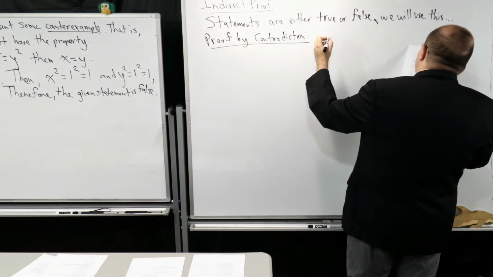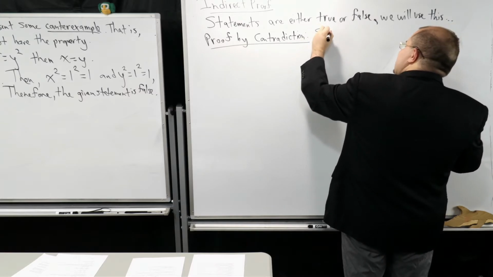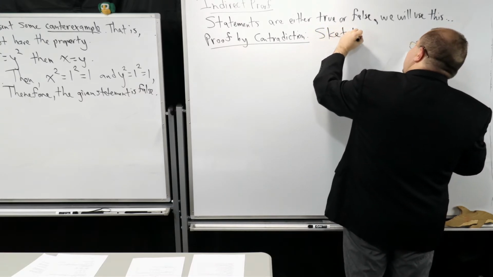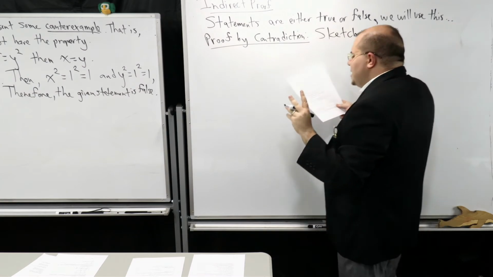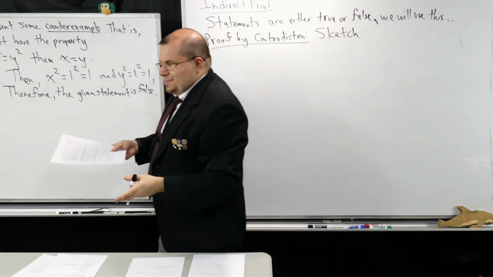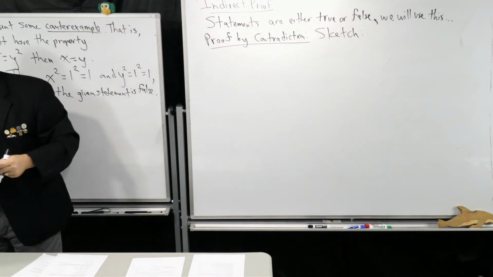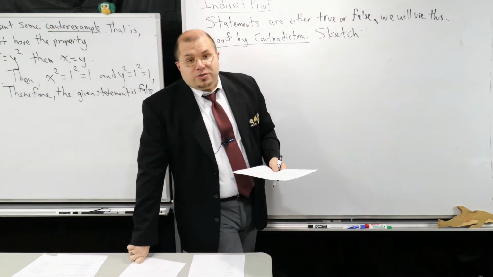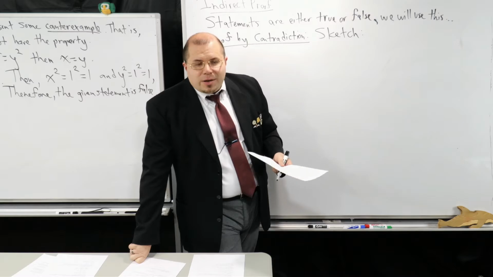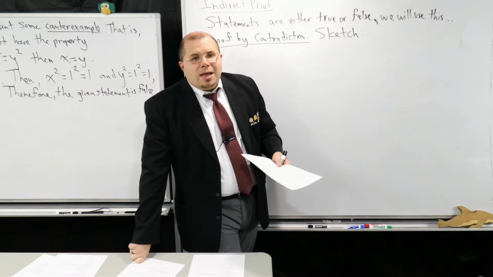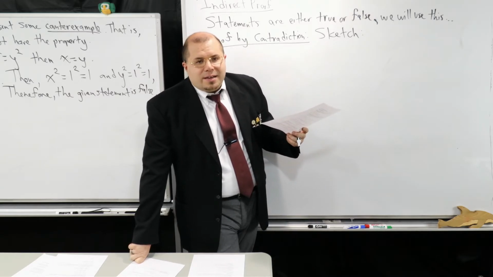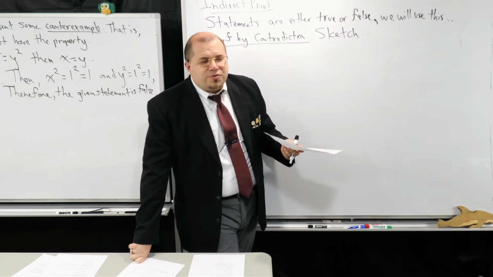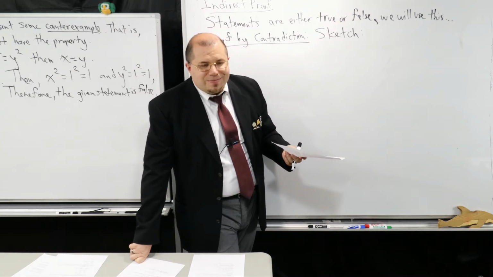So I'm going to give you a sketch of what a proof by contradiction looks like. It's going to work like this. Now, I should point out that a contradiction is a statement that is false for any truth assignment.